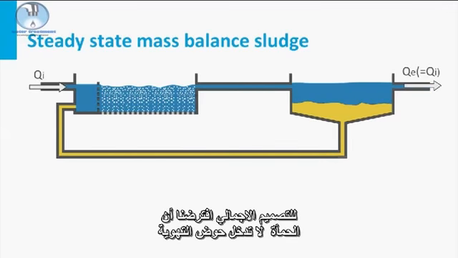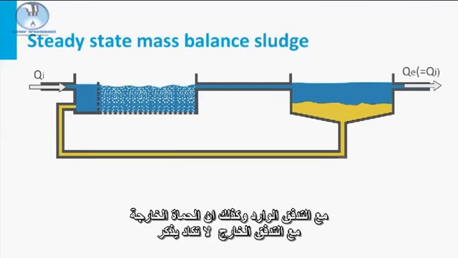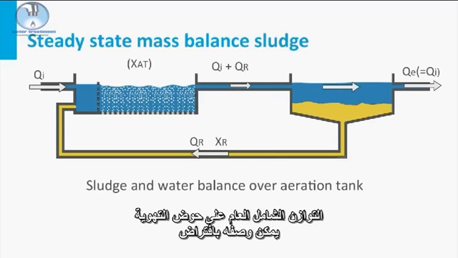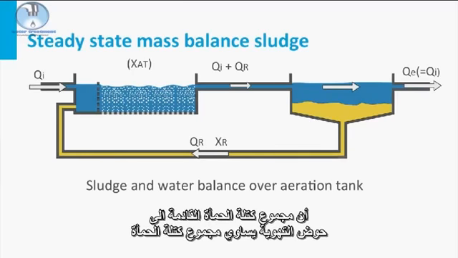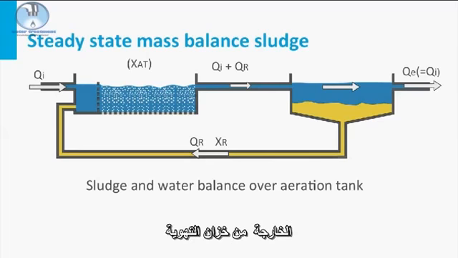For the total design, we assume that there is no sludge entering the aeration tank with the influent flow, and also the sludge leaving with the effluent flow is negligible. The overall mass balance over the aeration tank can therefore be described by assuming that the total sludge mass coming into the aeration tank equals the total sludge mass leaving the aeration tank.